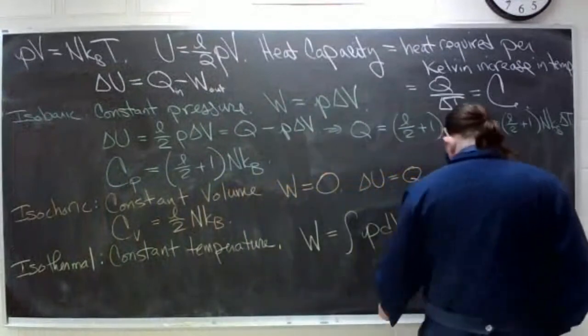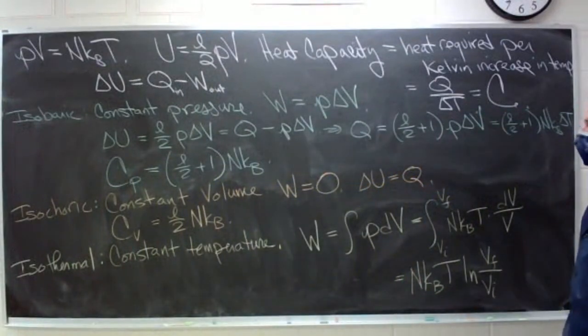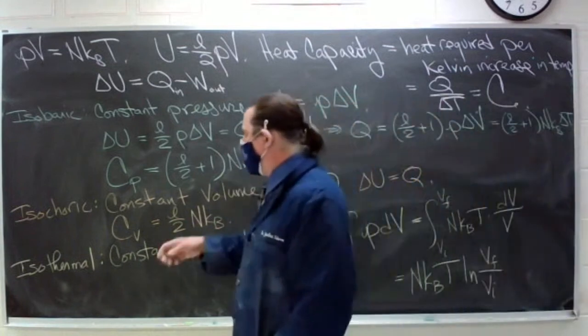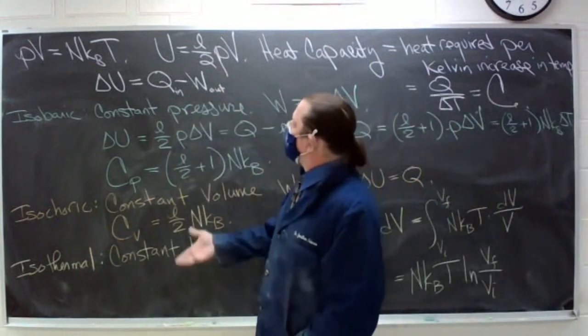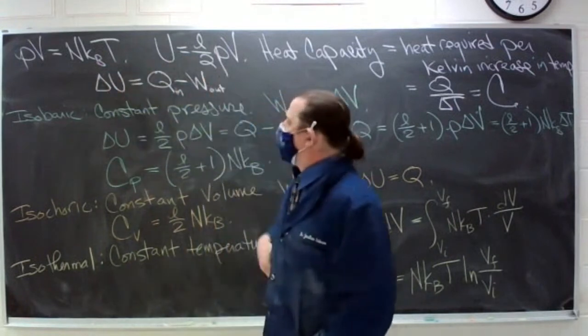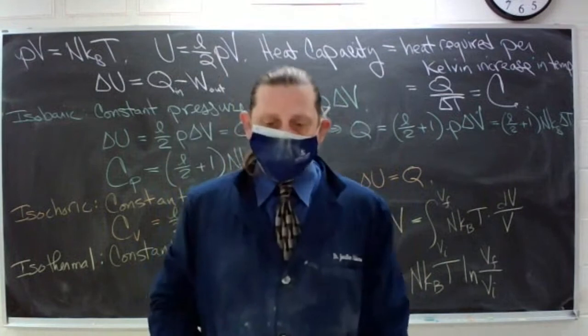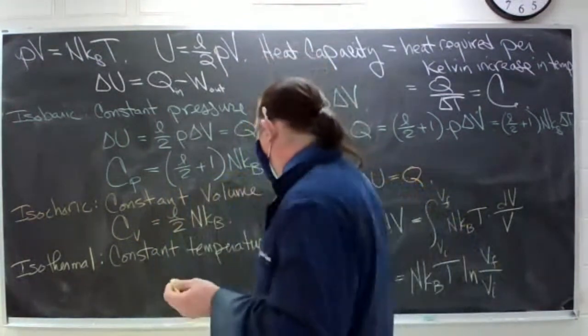Now, we can also recognize that in an isothermal expansion, the temperature stays constant, so that means that the internal energy stays constant. Delta U is equal to 0.